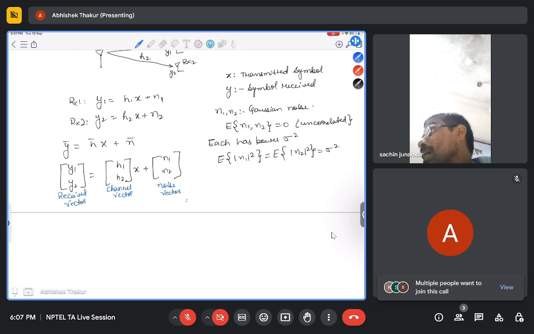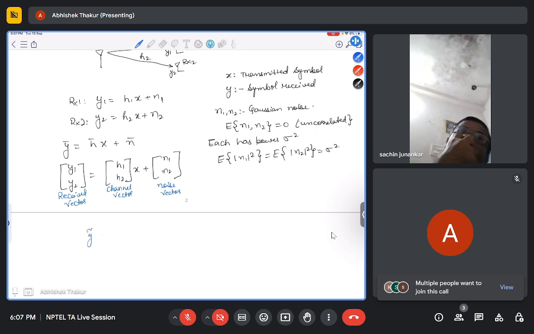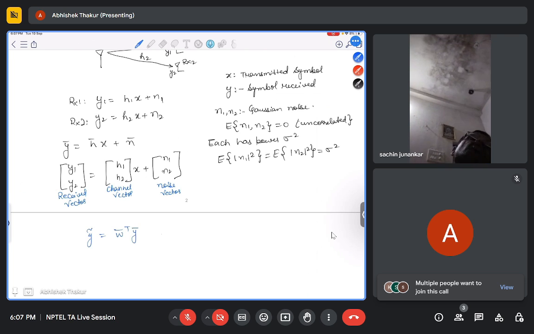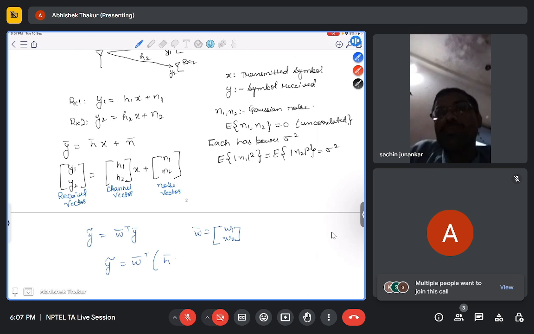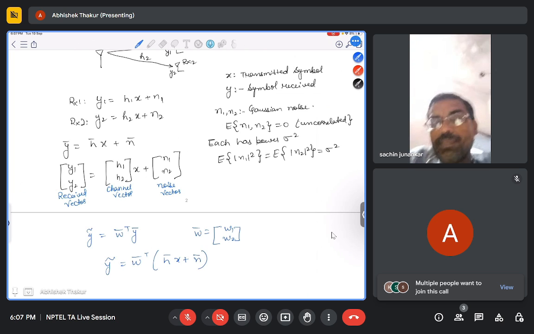Let's suppose after combining the weights on each received signal, we can write y tilde is equal to w bar transpose y bar, where w bar is equal to w1 w2, and y bar we can write as h bar x plus n bar.